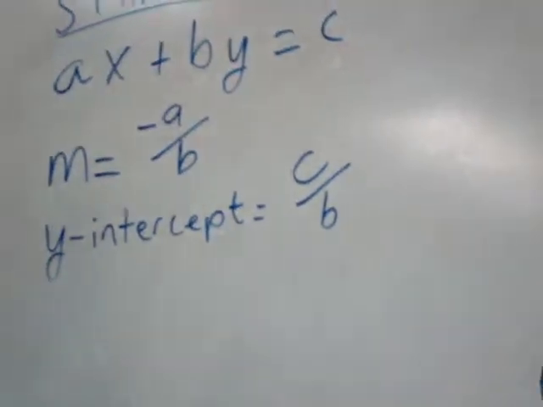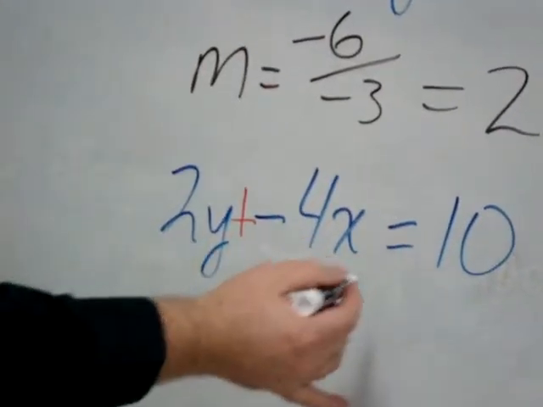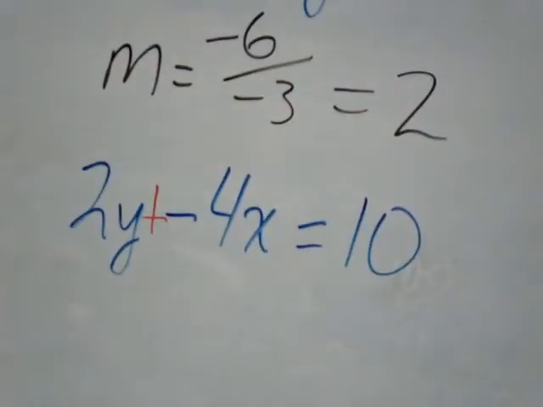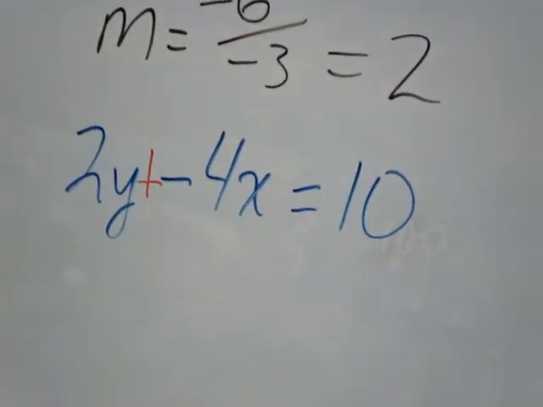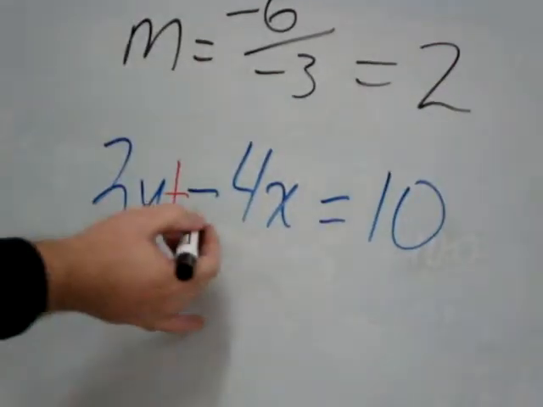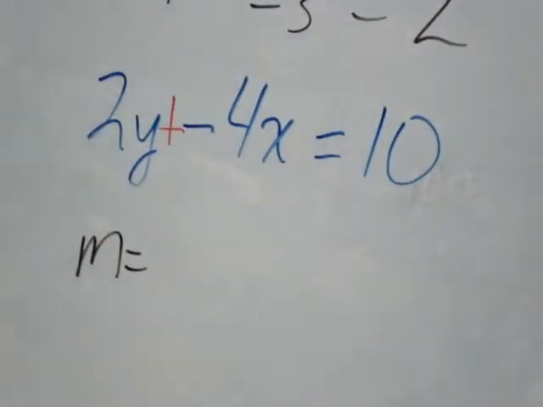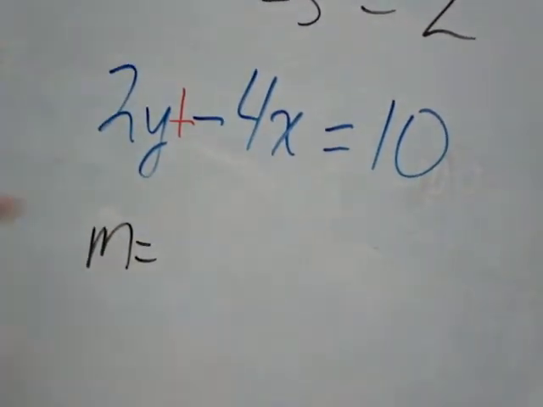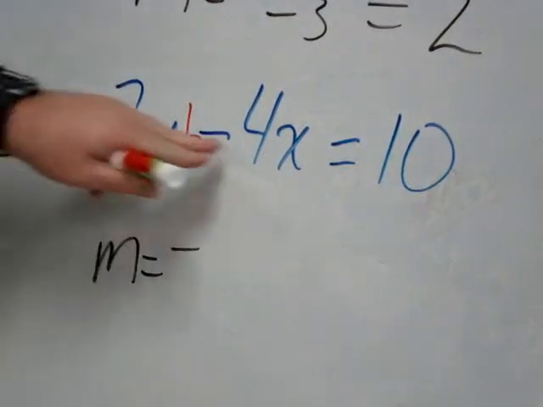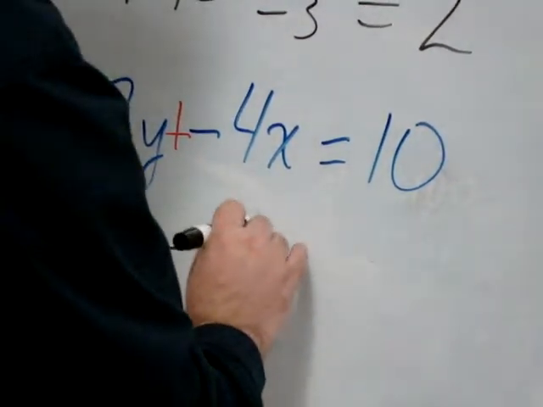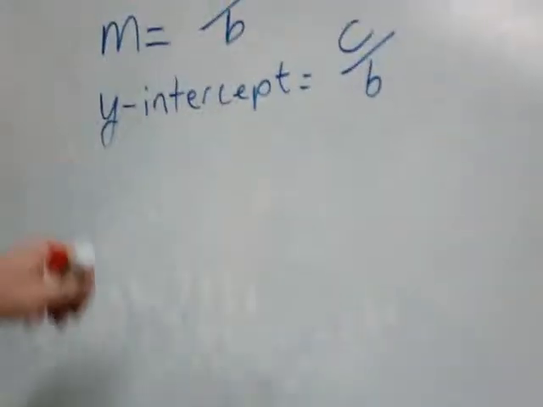It's not in this form, but it's close, because I've got a coefficient on x and a coefficient on y. I could rewrite it, but I'm not really worried about it. A is going to be that coefficient on x. In this case, I've got a negative 4. But I've got to have a negative a, so I've got a negative negative 4 over b, the coefficient of y.